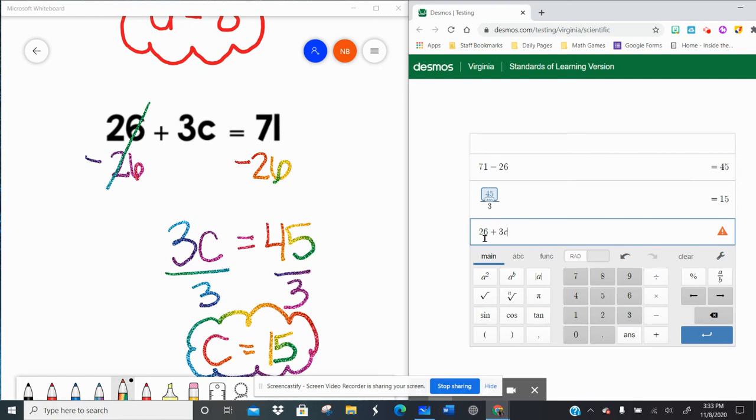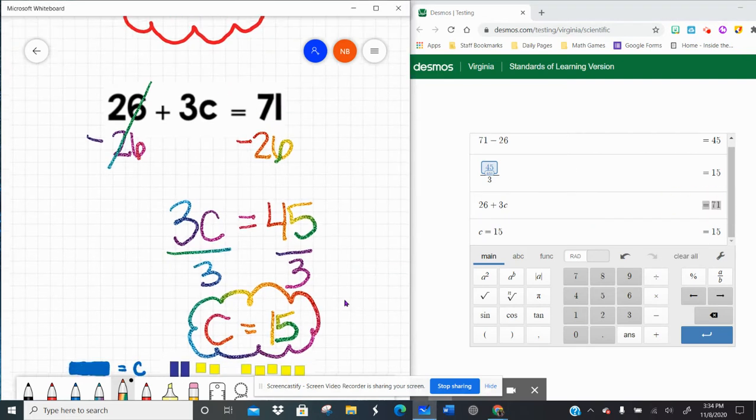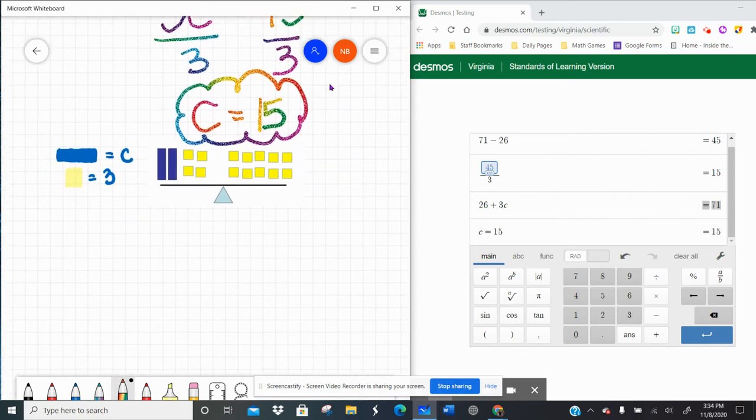I type 26 plus 3c into my calculator, the left-hand side, just like the expression part without the equal sign. Then I say c equals 15. And just like that, it equals 71. I check over here, 71, which means I am correct.